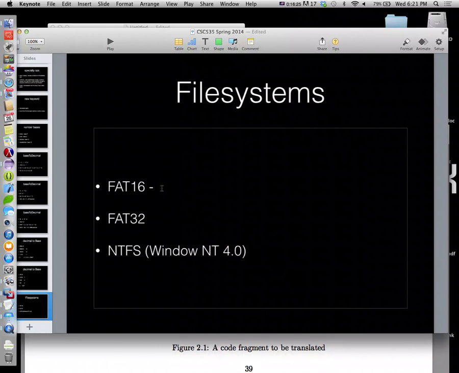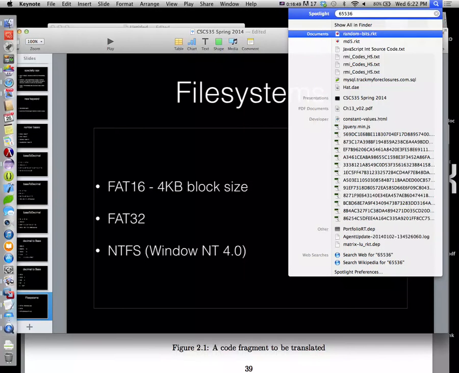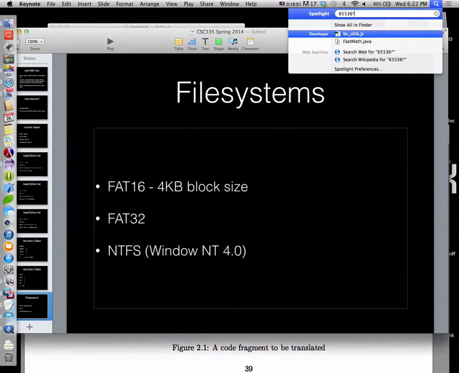But FAT16 used typically a 4 kilobyte block size, which means each chunk of memory was 4 kilobytes in size. And how many chunks of memory could we have? We could have 0 to 65,535, so 65,536. 65,536 times 4.